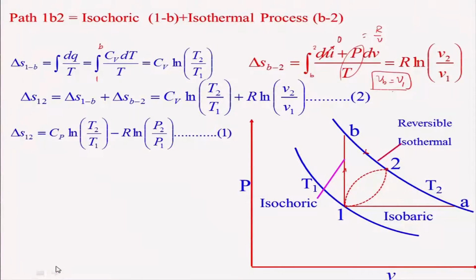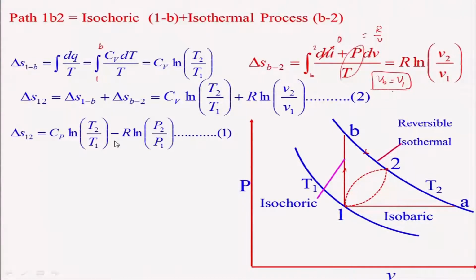So, we have an expression in terms of Cv, ln T2 by T1 and R ln V2 by V1, and equation 1, which we derived earlier for the isobaric process followed by the reversible isothermal process, is in terms of Cp and ln T2 by T1 minus R ln P2 by P1.